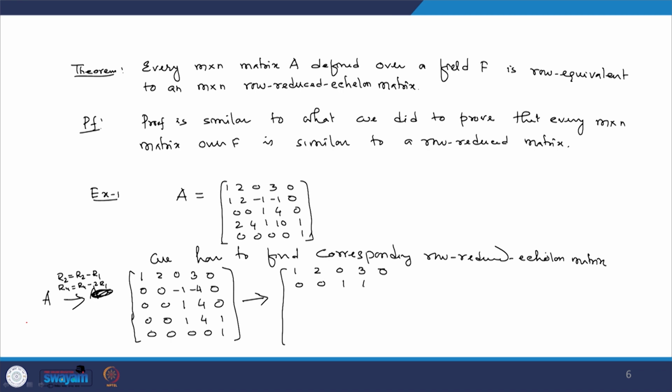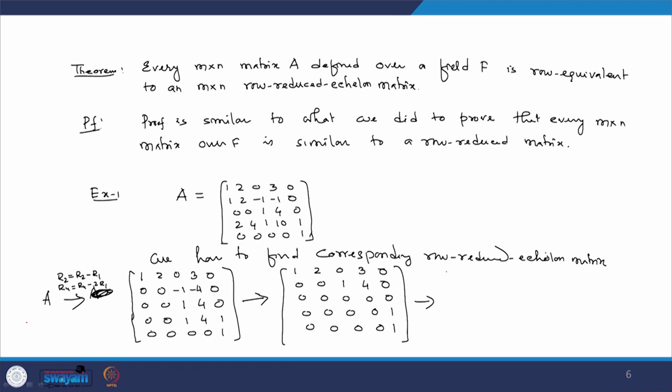So it will be 1, 4, 0, and then the third row I have to add this one also, it will work. So it will be 0, 0, 0, and similarly the fourth row 0, 0, 0, 0, then it is 1, then 0, 0, 0, 0, 1. Still it is not a row-reduced echelon form.